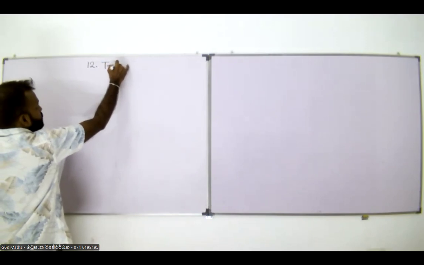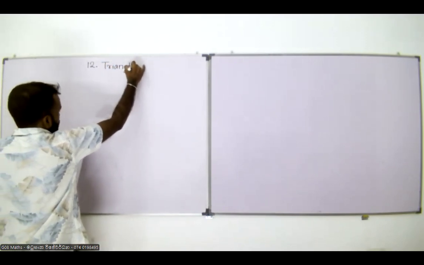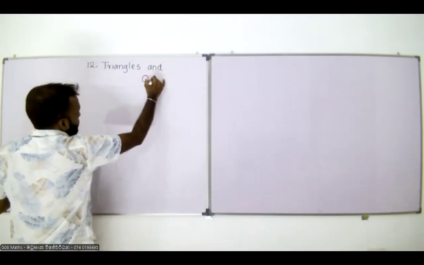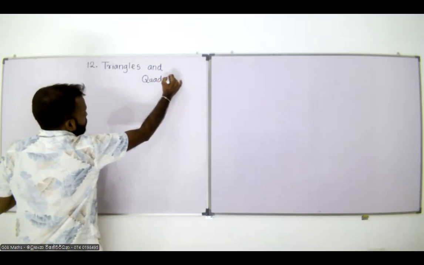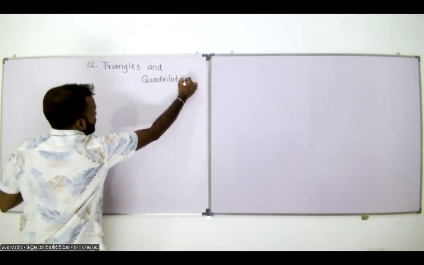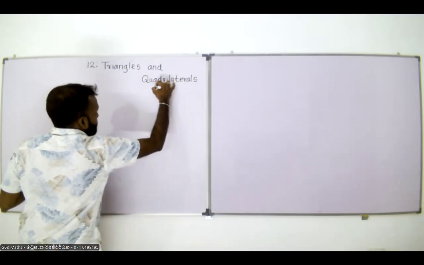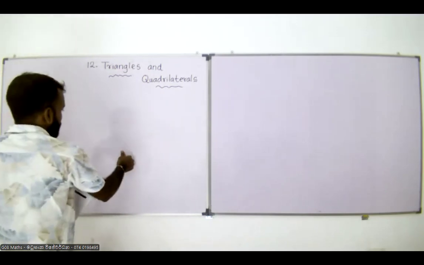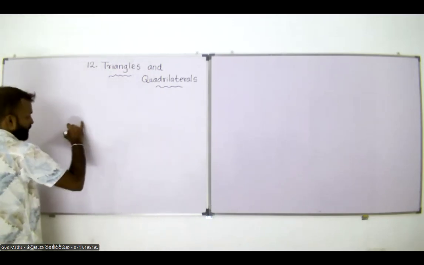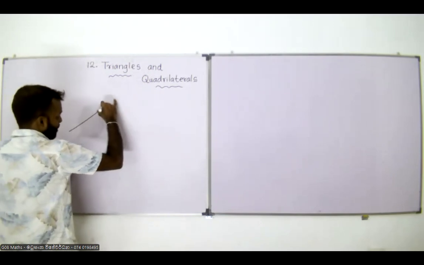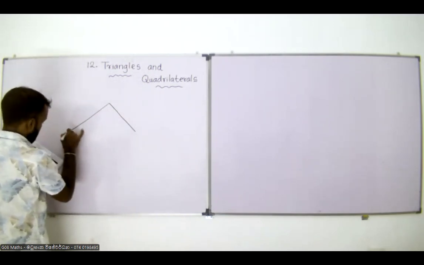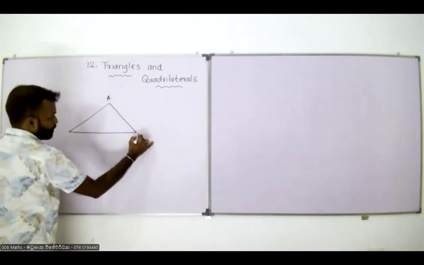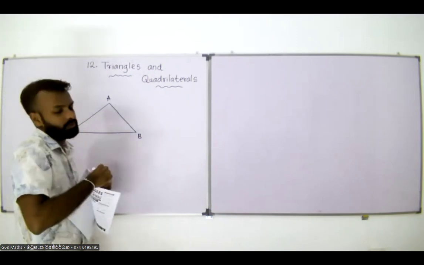I will not write it in full. Then I have given you a triangle with vertices A, B, and C.